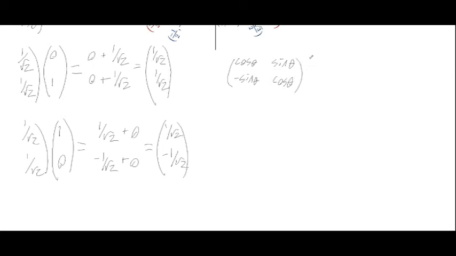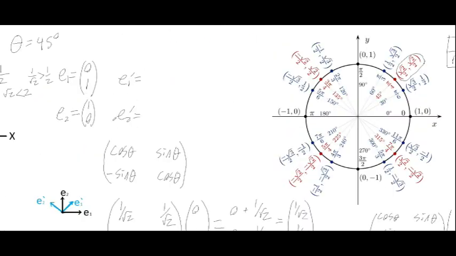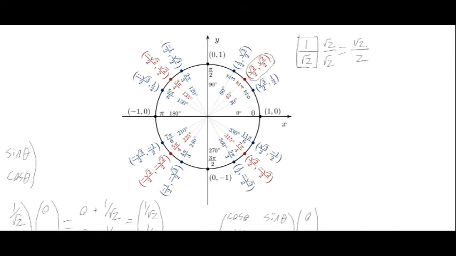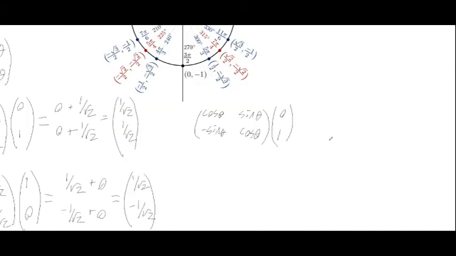And if we multiply this by our 0, 1, which was the E1, if we look back here, the E1 was the 0, 1 column vector. And so for this, what we will get is cosine times 0 equals 0, and then sine times 1, so plus sine of theta. And then for the bottom one, we have negative sine times 0, so 0 plus cosine times 1, so cosine of theta.